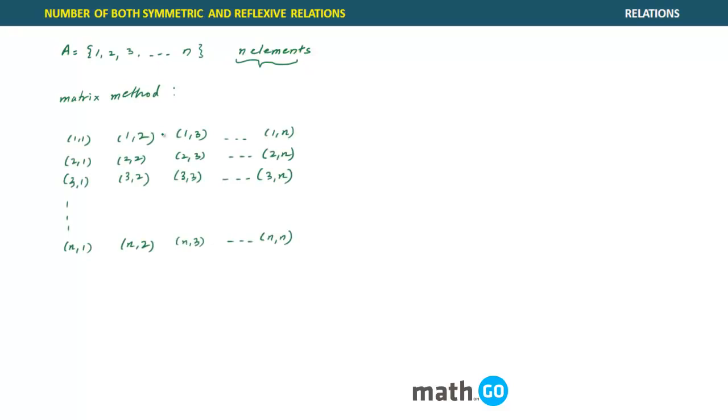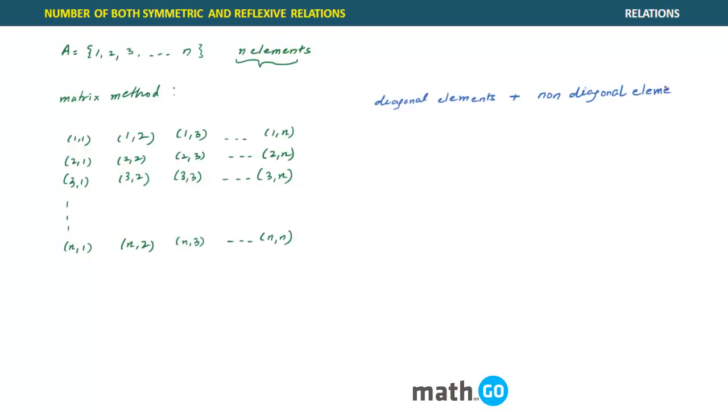So this was the matrix that we had earlier used, right? Let's again divide it into the two components, that is the diagonal elements and the non-diagonal elements. Now we want the relation to be both reflexive as well as symmetric.